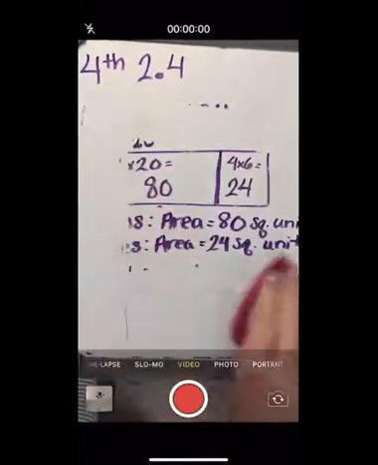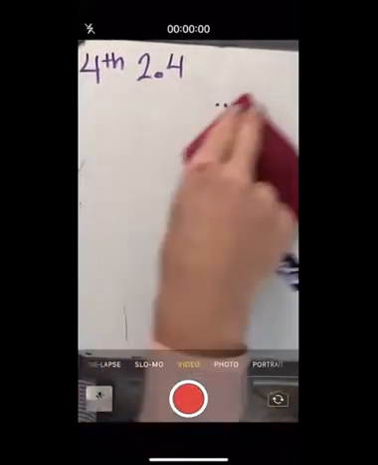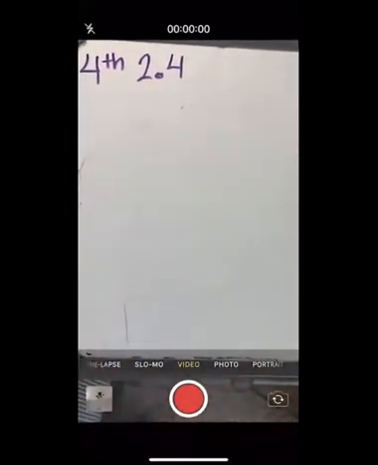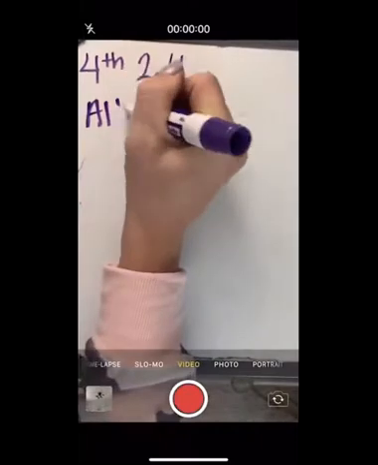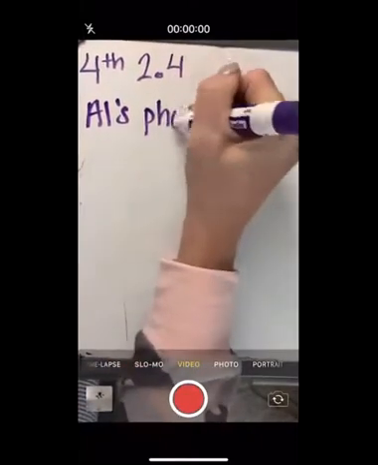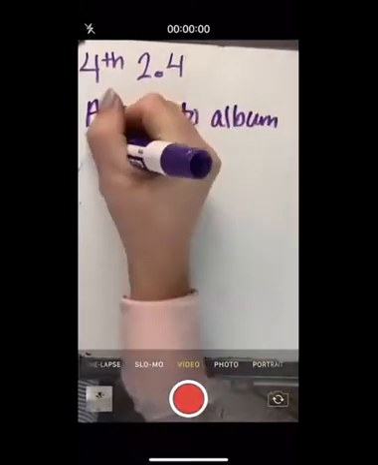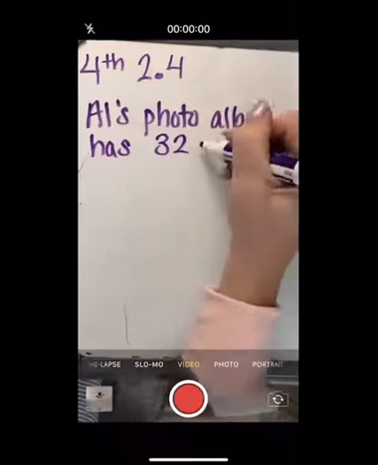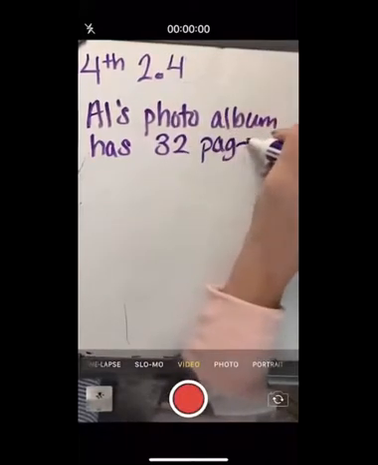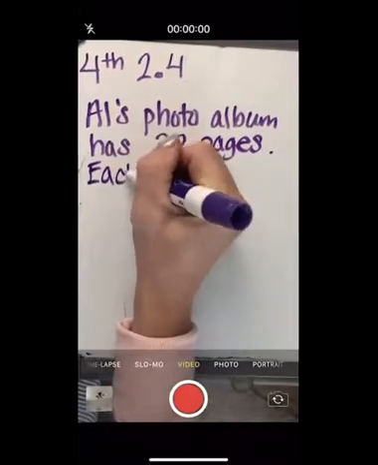I want to do another area model with you and show you how it can relate to a word problem. So we have: Al's photo album has 32 pages. Each page can hold 5 pictures.